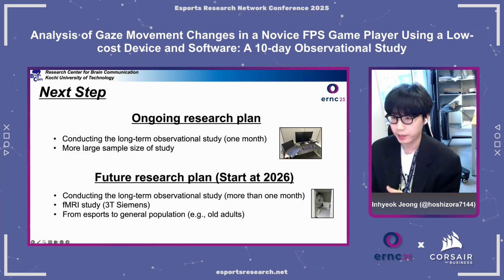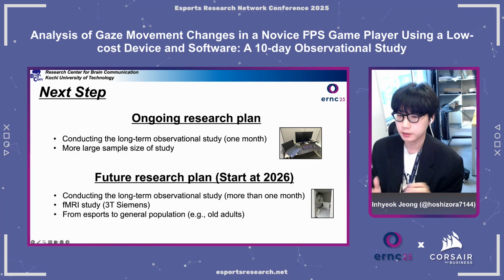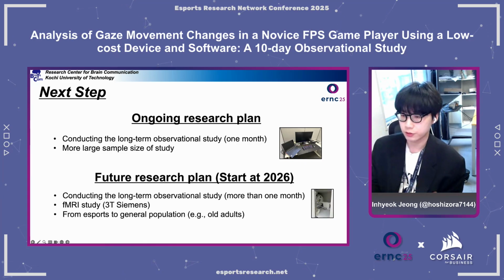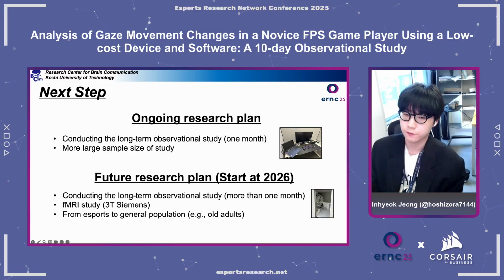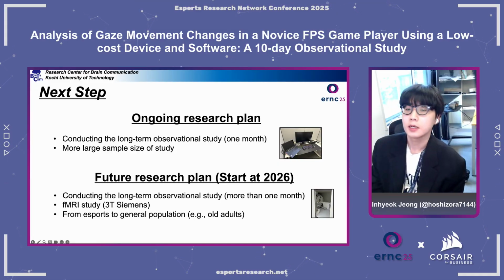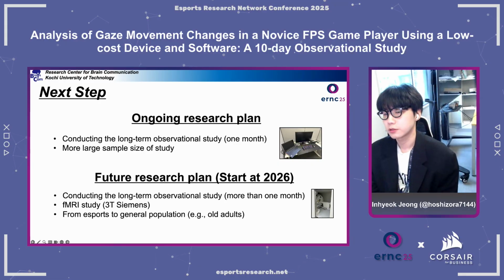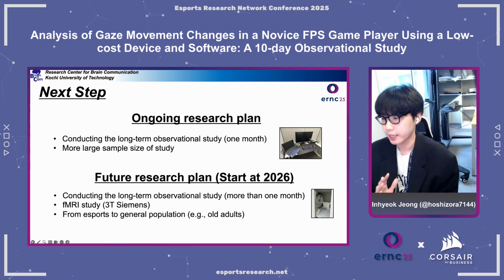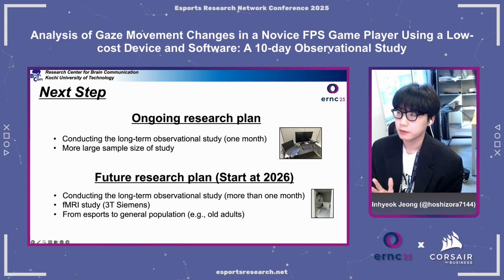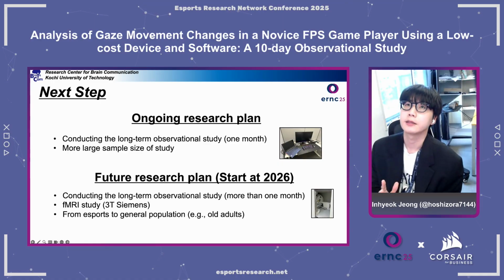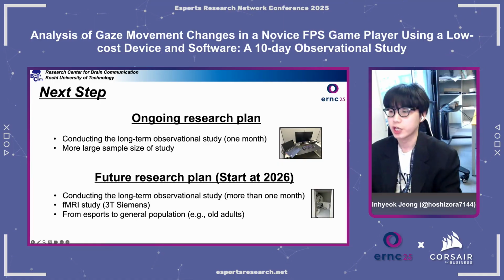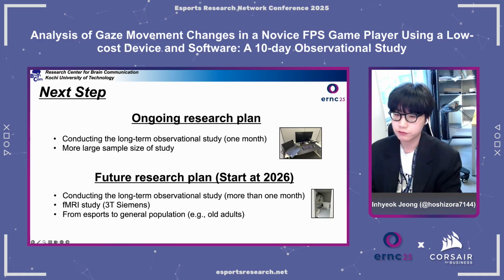In my future research plan, next year I want to conduct a more long-term observational study, like 3 or 4 months, to analyze what is changing their gaze movement. And next year, I would like to focus on an fMRI study, analyzing the brain activity of esports players and the change of brain activity throughout their training.